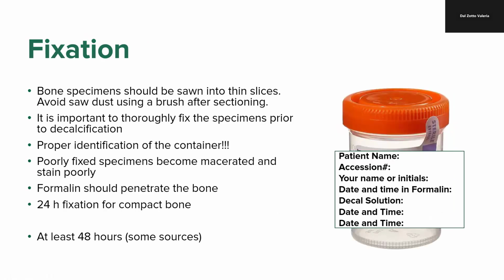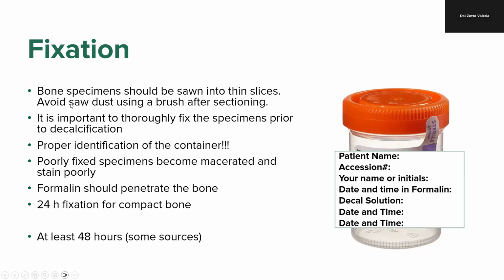So the first thing that you are going to need to do is to allow this piece of bone to fix with formalin. Bone specimens first should be fixed in formalin. If the bone specimen is big enough that you may need to use the saw and cut it in 3 mm slices, you may need to do that first.